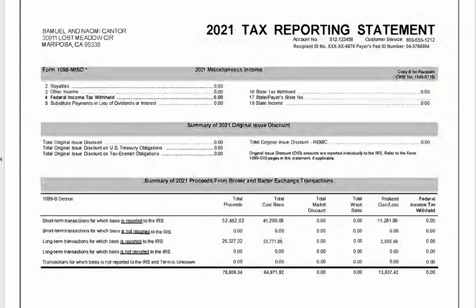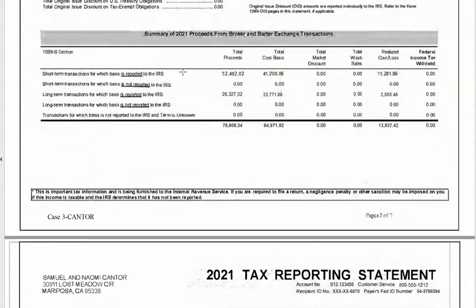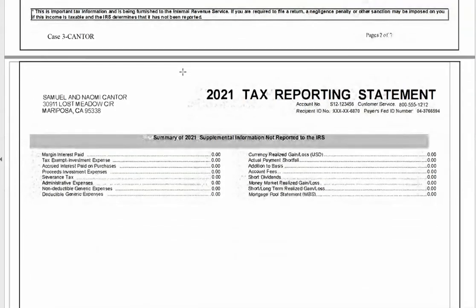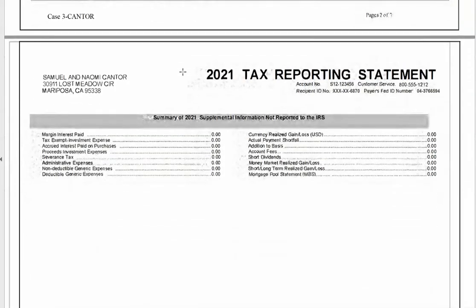We're going to come back to page 2 because that's what gets entered into TaxSlayer, these summary lines. But let's go on for a moment and take a look at what else is on this summary statement.